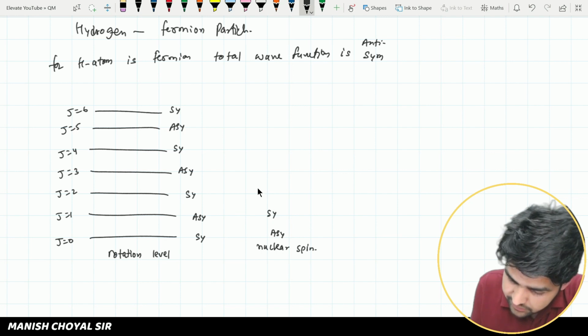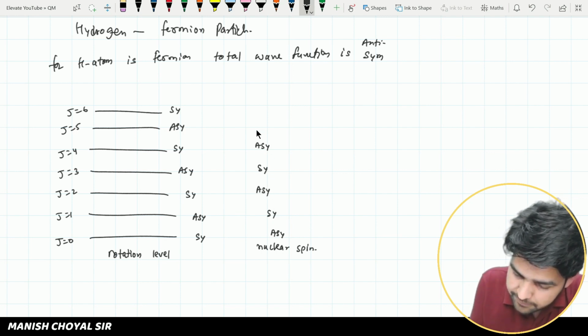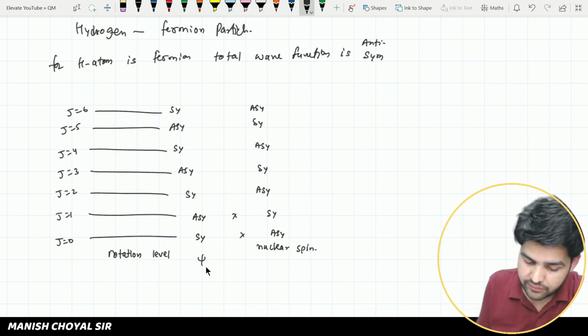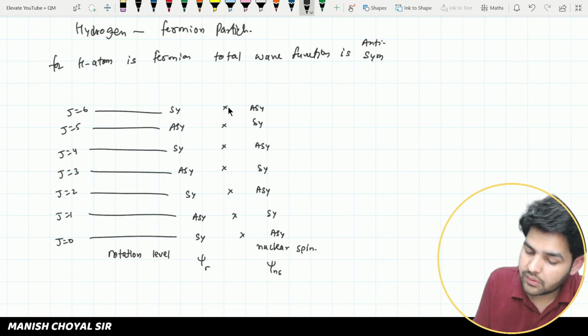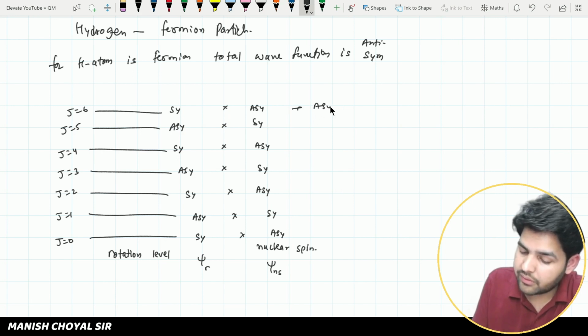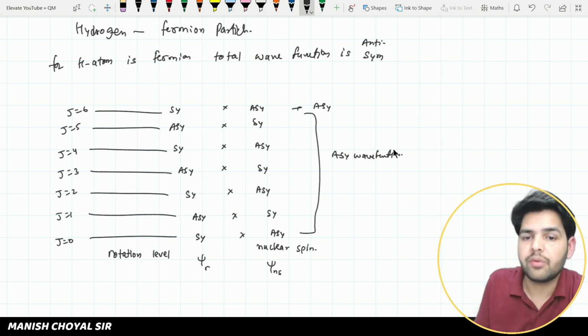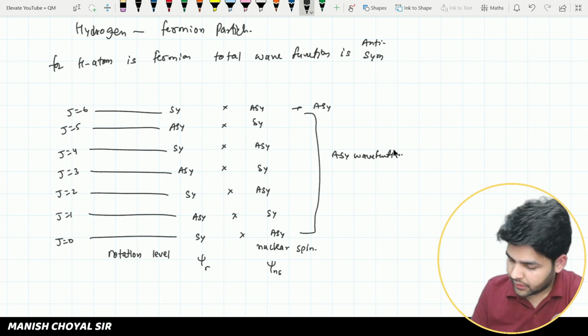This is symmetric, this is antisymmetric, and so on alternately. If we multiply psi rotational and psi nuclear spin, we get an antisymmetric wave function in all cases.